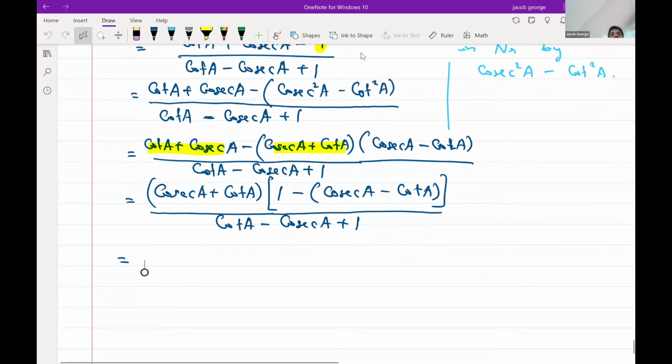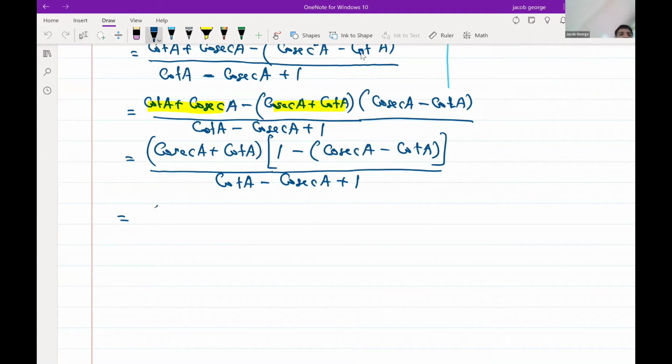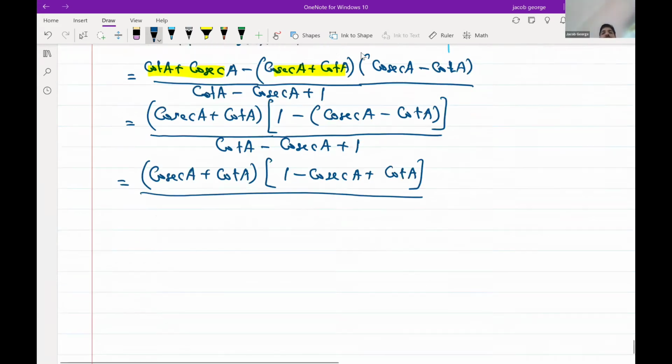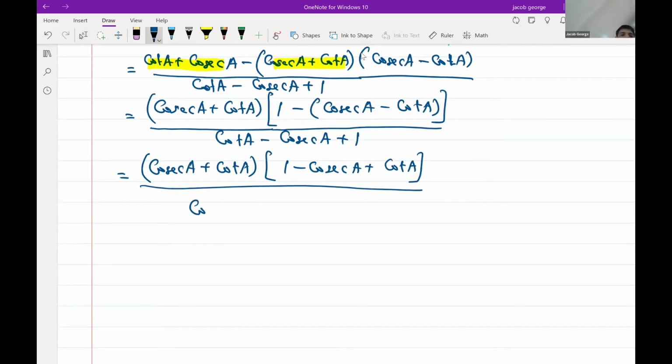So this will become cosec A plus cot A into 1 minus cosec A plus cot A, all divided by cot A minus cosec A plus 1.